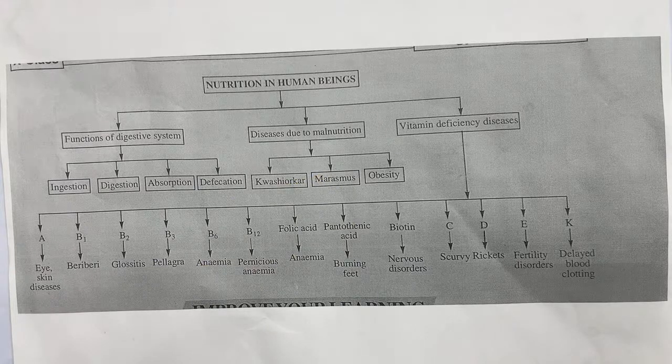In this case, what will happen? This disease is caused mostly when the parents go for a second pregnancy within a limited period of 3 years. Before 3 years, they underwent a second pregnancy, offering for the second child to be born. The child will be born with marasmus, unable to cope with calories as well as proteins.